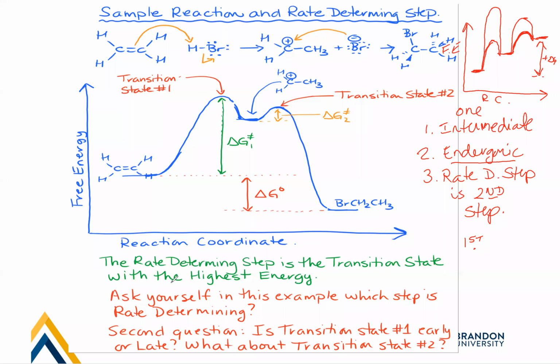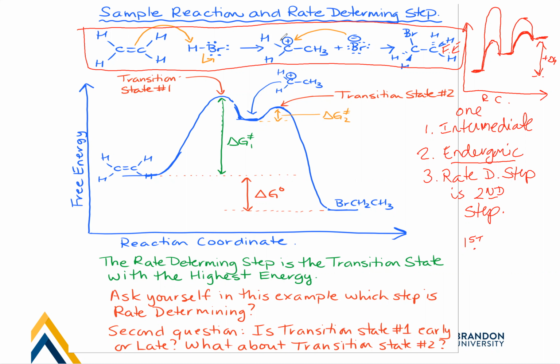Now, how do we know which transition state is the rate determining step? In a reaction like this, if we were doing this reaction specifically, there is a way to figure this out just by looking at the intermediates.